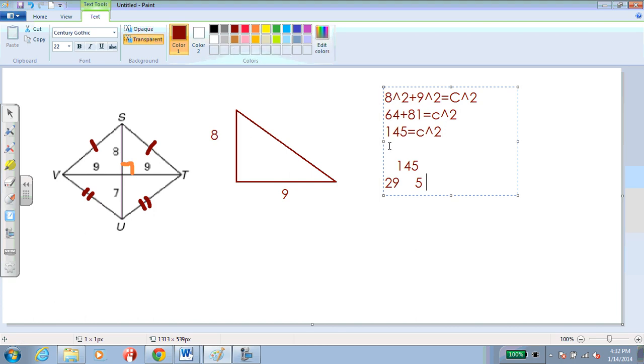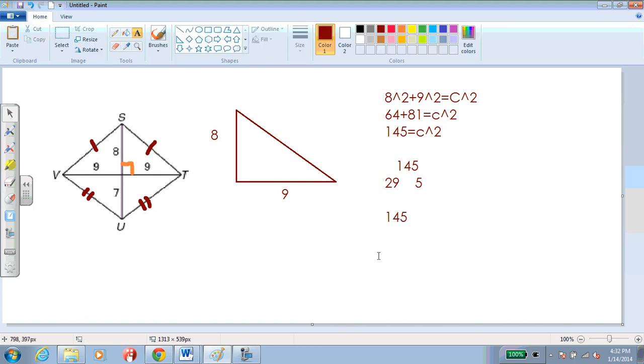So my answer is simply the square root of 145, for both this measurement here and its equivalent measure, ST and SB.